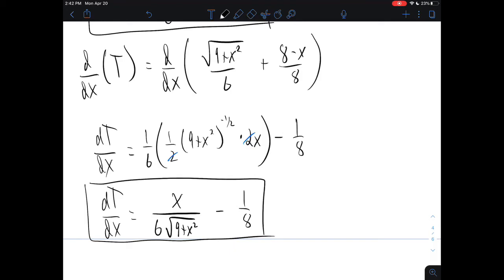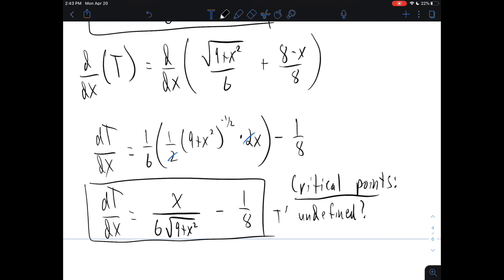Now we need some critical points. Remember, critical points have to be values in the domain of the function where the derivative is equal to 0 or the derivative is undefined. So can the derivative be undefined?